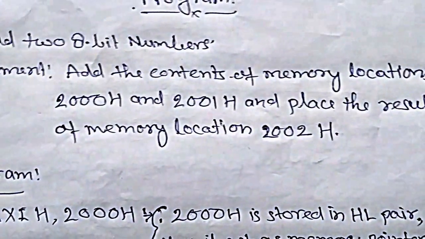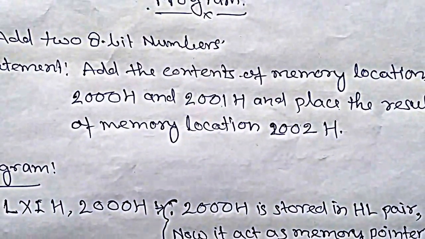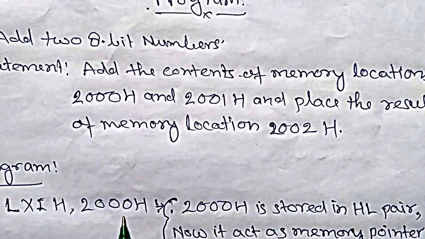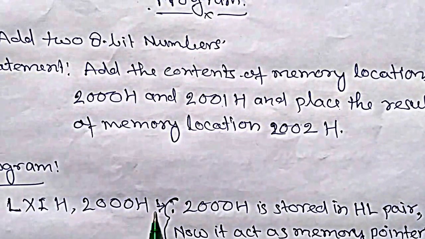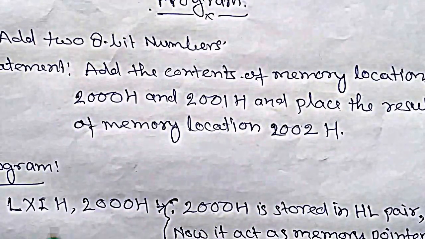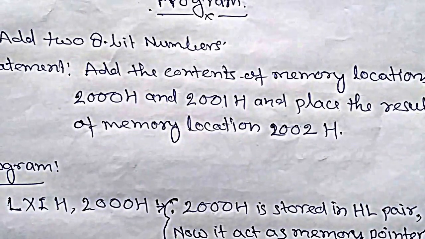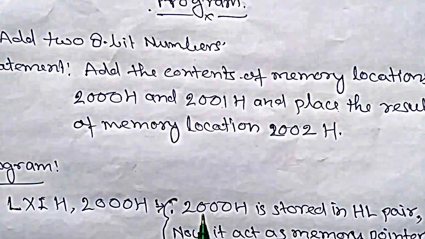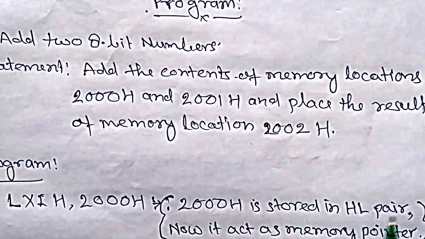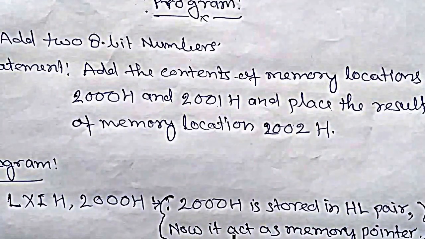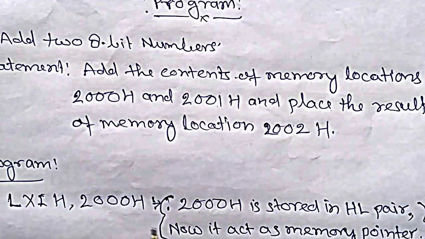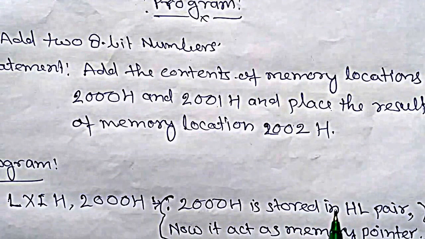Now the first step, LXI H, 2000H. This instruction means load immediate: 2000H is stored in the HL pair.